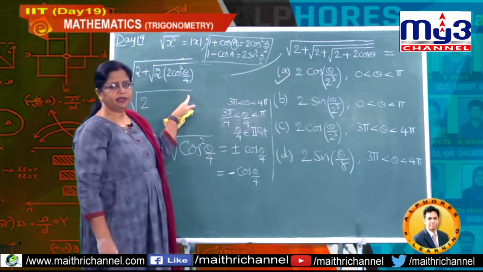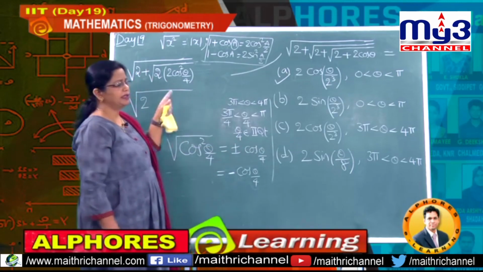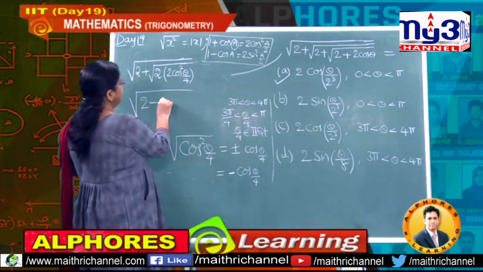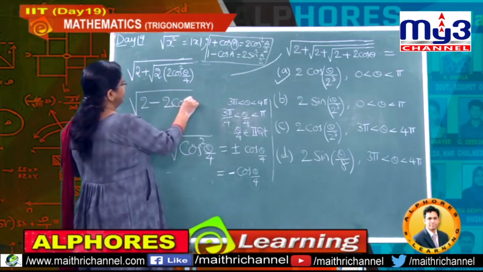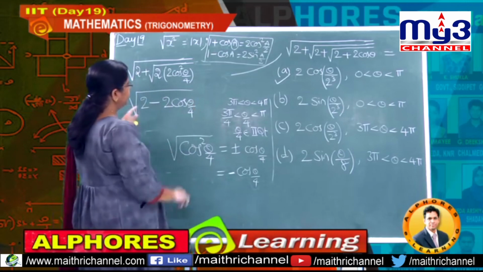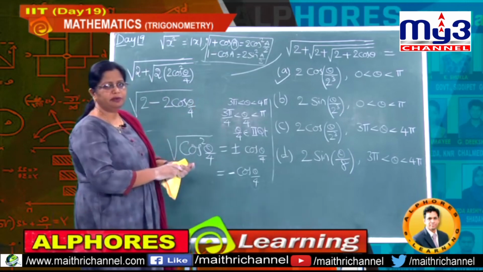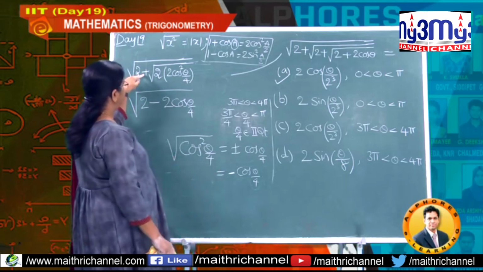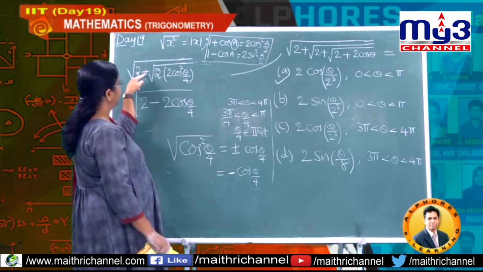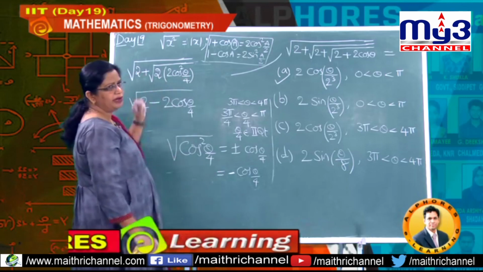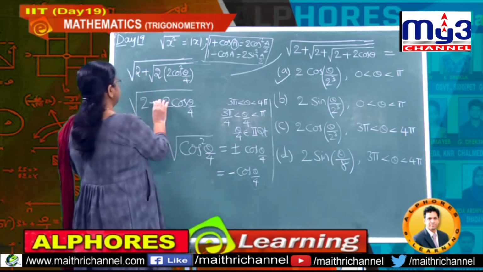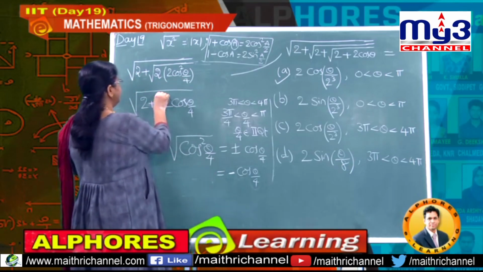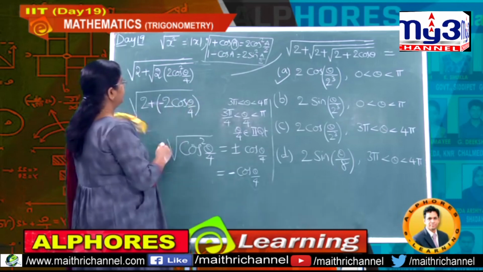You must be aware of these conditions. Now 2 minus 2 cos theta by 4, understand students. So what is the last twist of the problem? You got a minus value, so I have substituted the square root value with minus instead of plus, you got the outcome, this is plus here and now here minus, understand.